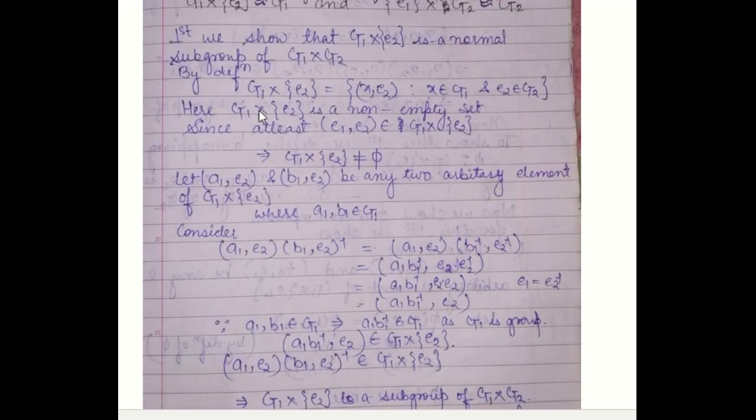For this, we take the definition of external direct product. So G1 cross e2 will be x comma e2, where x belongs to G1 and e2 belongs to G2. Here G1 cross e2 is a non-empty set. At least e1 comma e2 belongs to G1 cross G2. So G1 cross e2 is not phi.